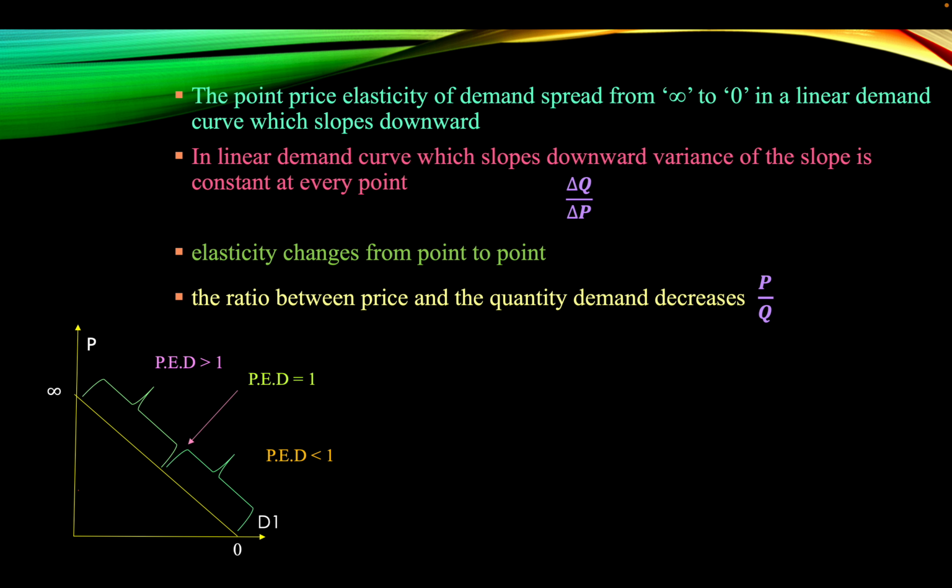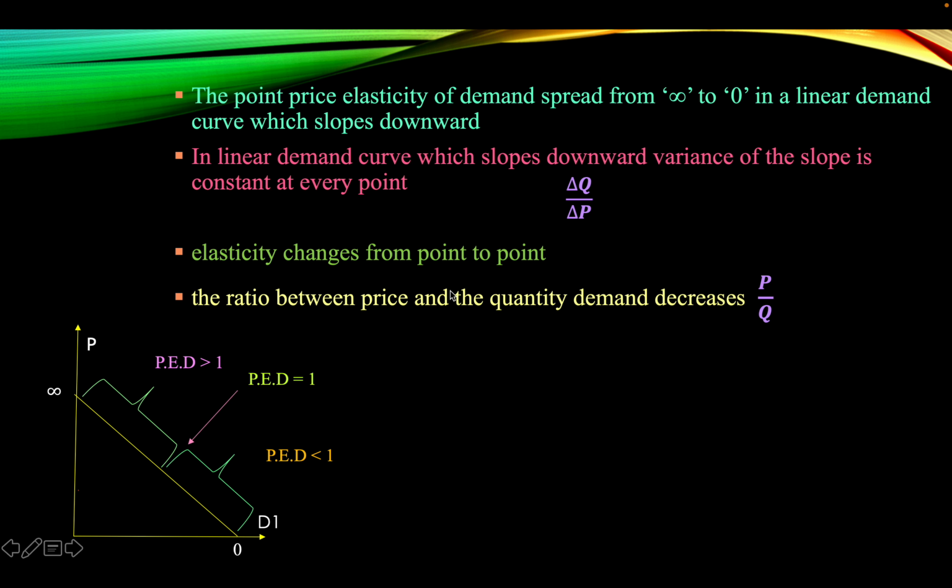Then the point price elasticity of demand spreads from infinity to 0 in a linear demand curve which slopes downward. This is a linear demand curve, and the elasticity changes from infinity to 0. In a linear demand curve, elasticity changes, but the slope is not changing.